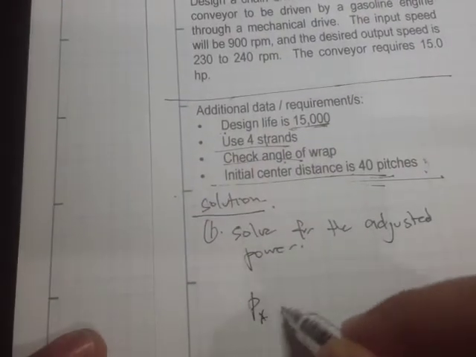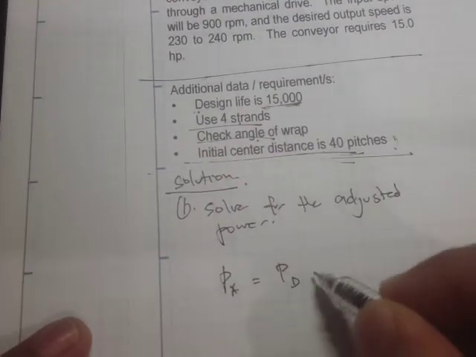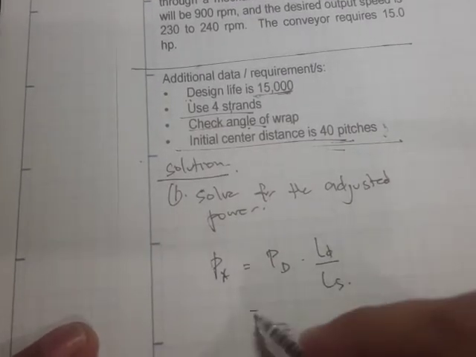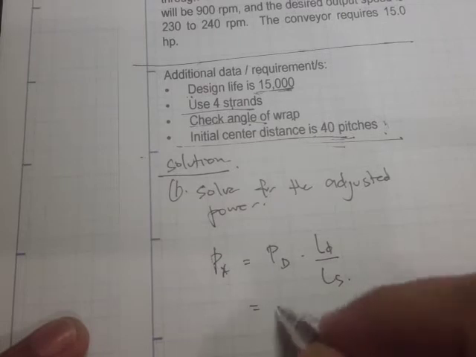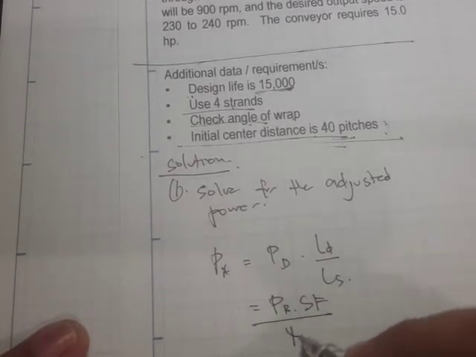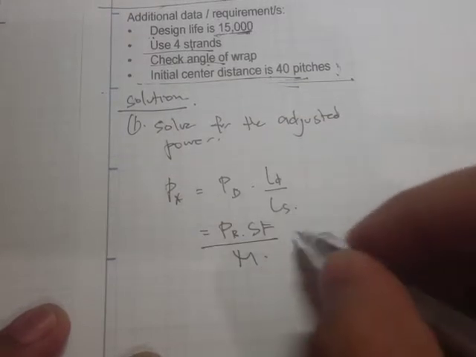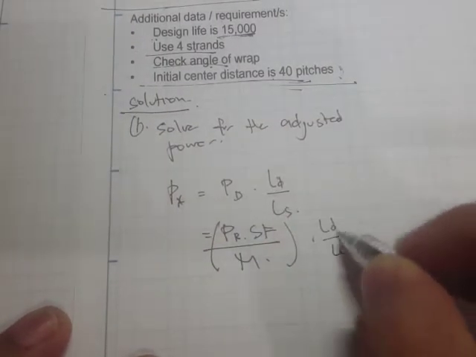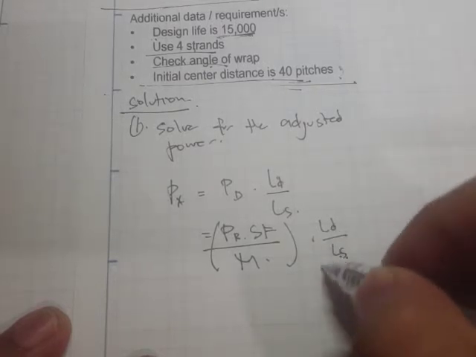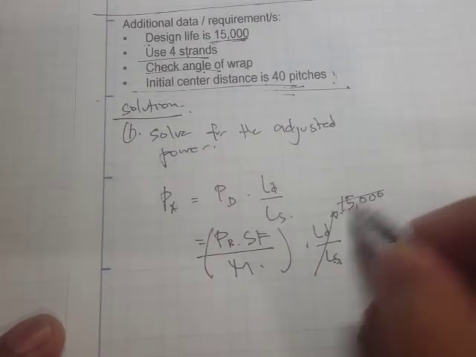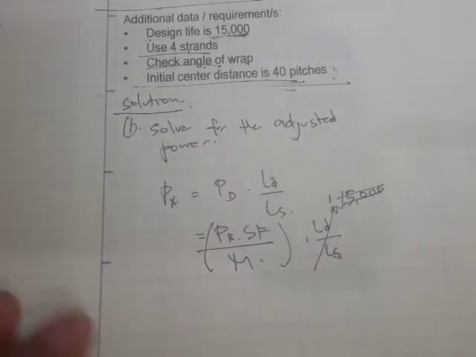P sub A is equal to the design power times the design life over the service life, right? And this design power is simply the required power times the service factor over M, the multiple strand factor, times the ratio L sub D over L sub S. This is 15,000, and this is also 15,000. Oh, sorry, this must be equal to 1.